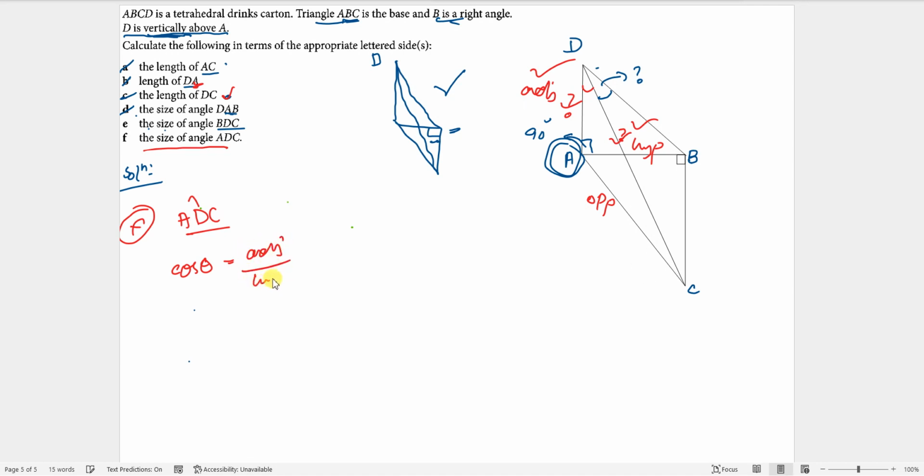So cos theta or cos angle D is equals to, adjacent is AD and hypotenuse is CD. Therefore angle ADC is equals to cos inverse AD by CD.